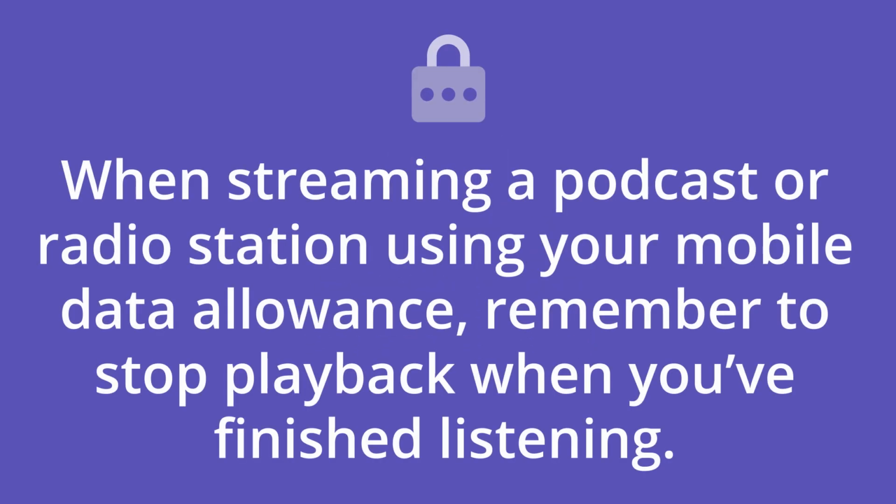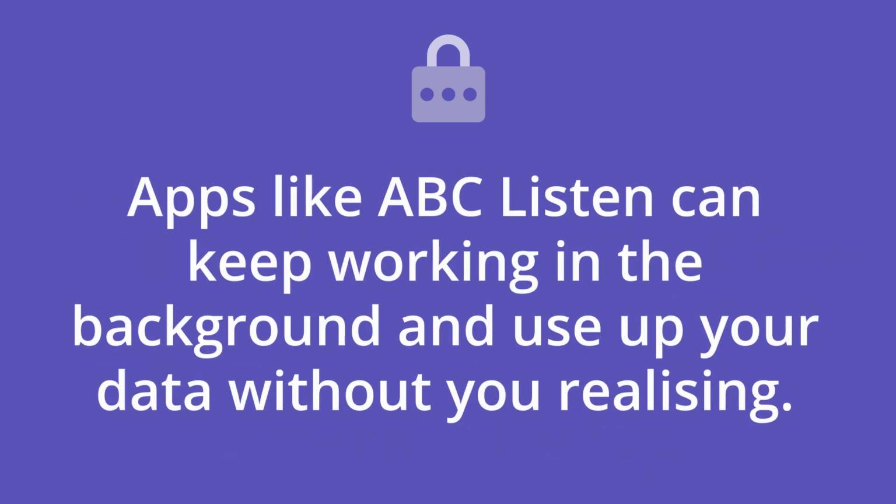When streaming a podcast or radio station using your mobile data allowance, remember to stop playback when you've finished listening. Apps like ABC Listen can keep working in the background and use up your data without you realising.